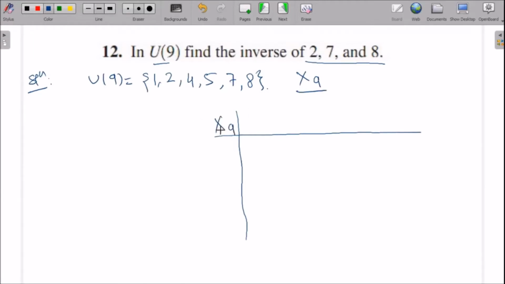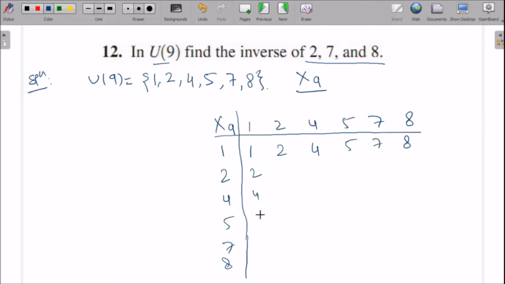Multiplication modulo 9, this is the operation, with elements 1, 2, 4, 5, 7, 8 along the row and column. Let us fill the first row first, because when we multiply each element by 1 they give the same thing: 1, 2, 4, 5, 7, 8.